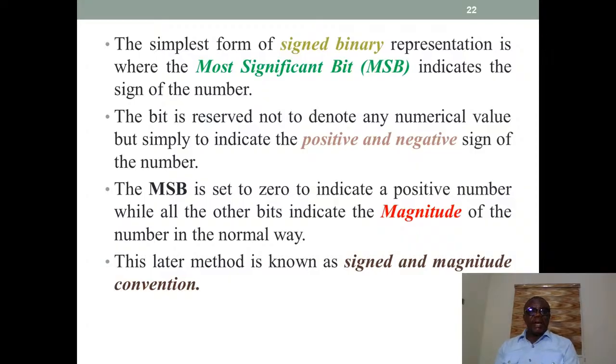In this signed binary, the most significant bit, MSB, is set to 0 to indicate a positive number, while all the other bits indicate the magnitude of the number in the normal way. And this is called the sign and magnitude convention.